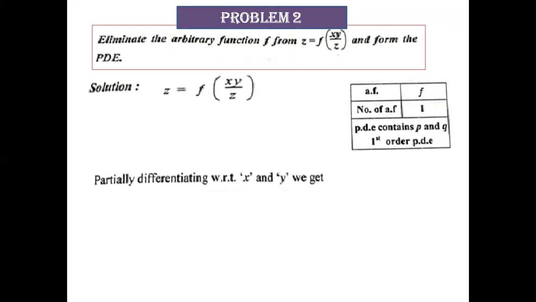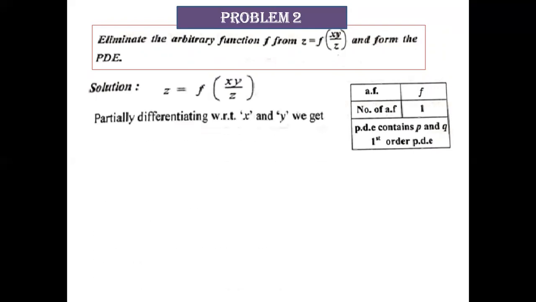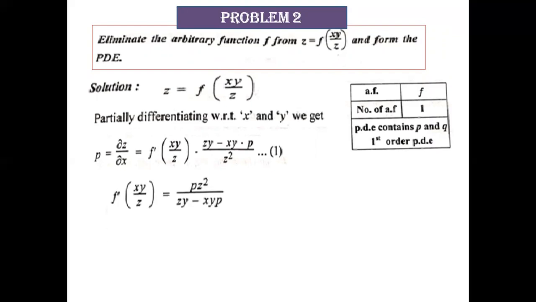So I will write the equation z is equal to f of (xy by z), partially differentiate with respect to x. p is equal to f dash of (xy by z) times, this is of the form u by v, so (zy minus xy into p) by z square. This is our equation 1. Therefore, f dash of (xy by z) equal to p z square by (zy minus xyp).